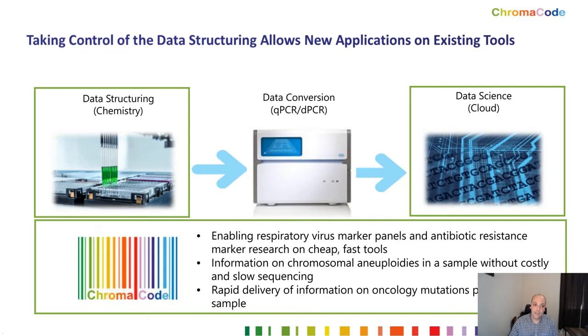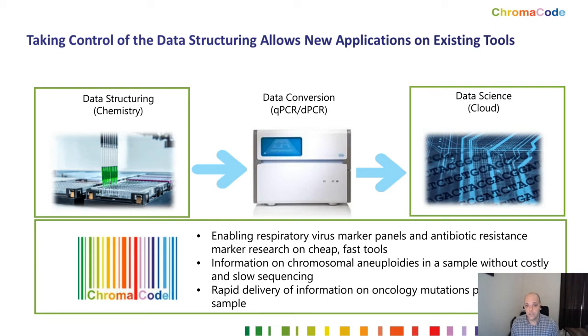But to summarize this part of the talk, I think the key here is to really put that together. Taking control of that data structuring allows new applications on existing tools. In our case, our interest is digital PCR and qPCR, and we think of chemistry as the opportunity to structure that data. So it's a data structuring activity.